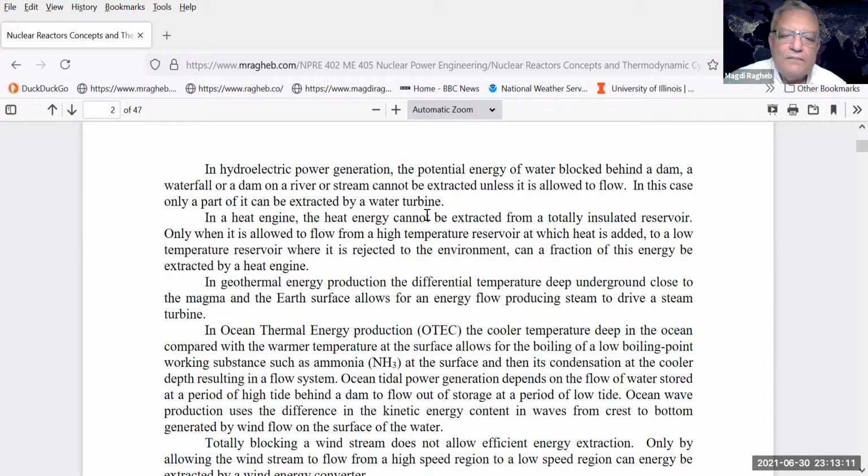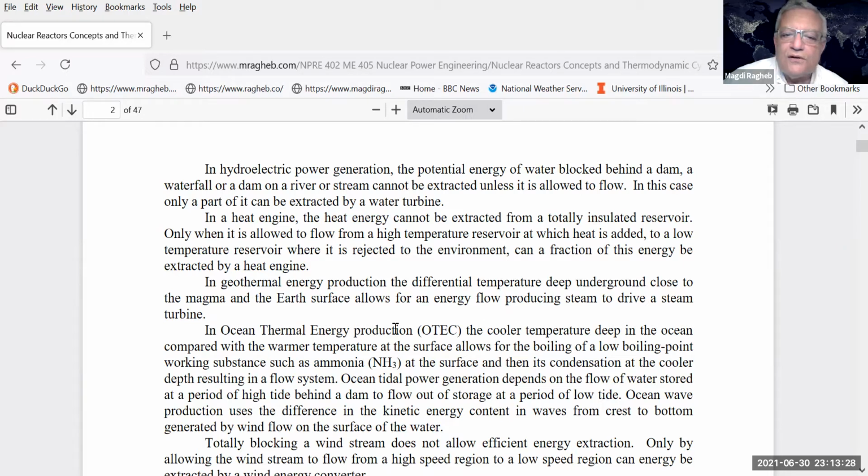If you consider geothermal energy production, you'll find that you are using the differential temperature deep underground, close to the magma, and the earth surface, so that you allow energy to flow.